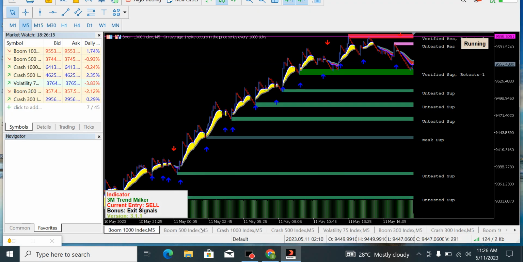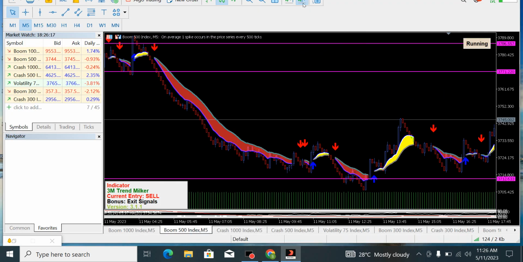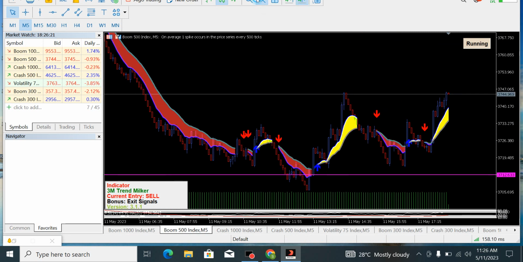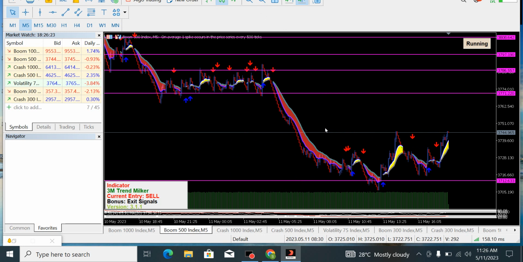The next asset is going to be boom 500. Let's check it out right away. Still on 5-minute time frame. Okay guys, this is boom 500. This had been on downtrend for a very long time, broke out from this support zone, and it came down till it got to this particular support zone. Right from here it has not been able to break out below this support zone, and of course it has been buying since then. Okay, it was unable to break out above this resistance, so it pulled back and it is approaching it again.